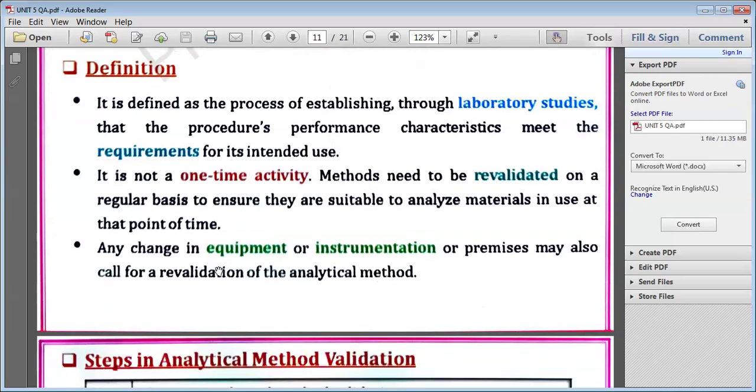It is not a one-time activity. Methods need to be revalidated on a regular basis to ensure that they are suitable to analyze the materials in use at that point of time.